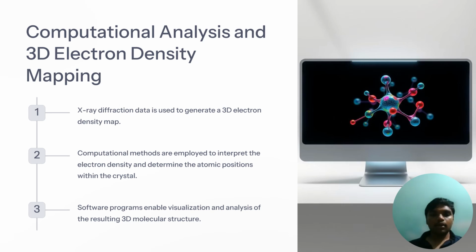Hydrogen bonding and intermolecular interaction. Polyamides exhibit strong hydrogen bonding between the amide groups along the polymer chain. These hydrogen bonds play a crucial role in stabilizing the crystalline structure.